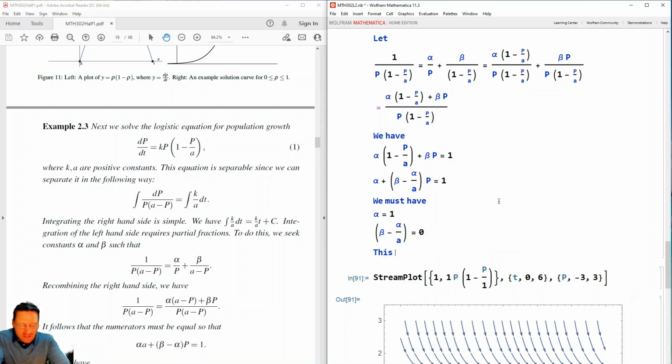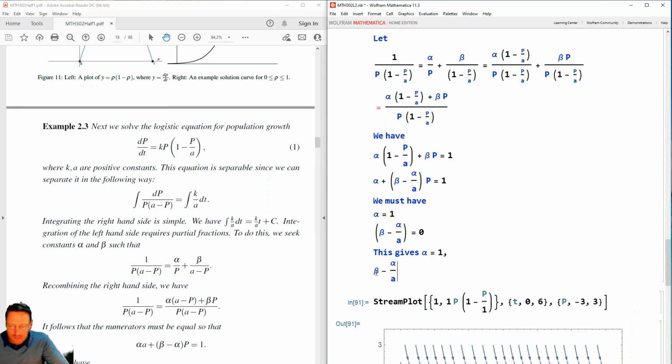So this gives alpha equals 1 and beta equal to alpha over a, which is just 1 over a.